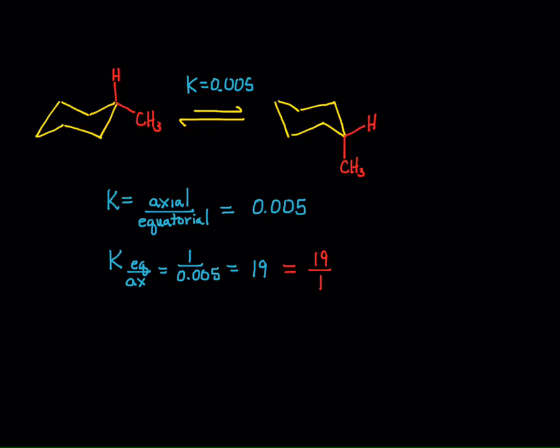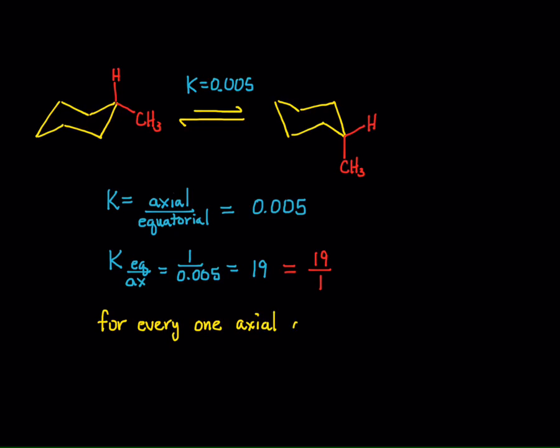Now remember, this is a ratio. It means that I can think of it one of two ways, that for every 1 equatorial, there's 0.005 axial, but that doesn't really make a lot of sense. So I can inverse it and say for every 19 equatorial, there's 1 axial. So that makes a little bit more sense to me. In other words, for every 20 conformations, 19 of them are equatorial and only 1 axial.